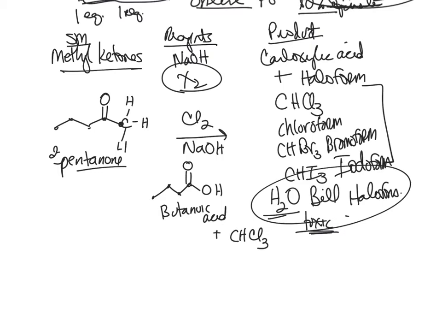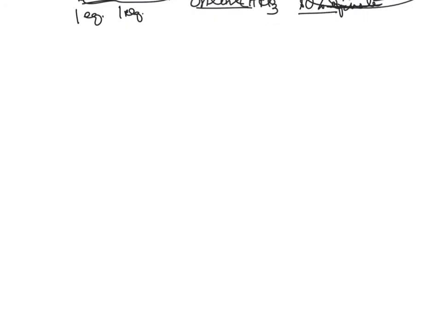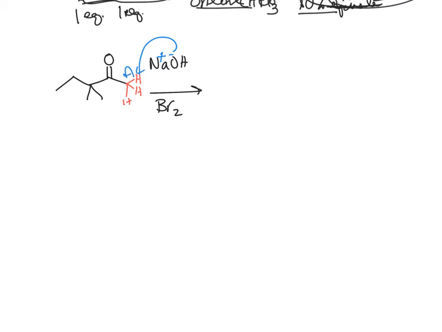So let's look at that mechanism. This is the mechanism I would put in your notes. Okay, so sodium hydroxide, and we're going to use bromine. First thing, find your alpha carbon, write in your hydrogens, draw your enolate.